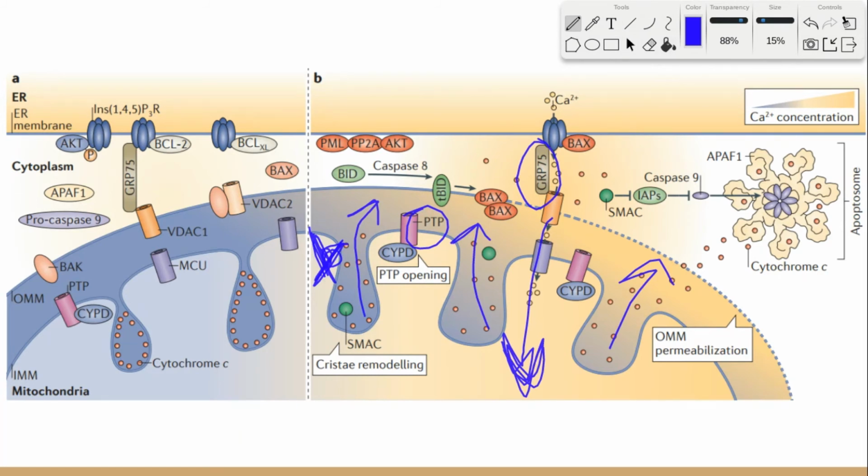The cytochrome C that escapes is able to activate executioner caspases like caspases 3 and 7, and it does that through caspase 9. Right? Cytochrome C recruits caspase 9 and activates caspase 9, which then cleaves and activates caspases 3 and 7.